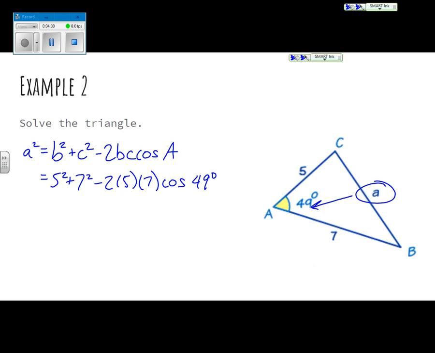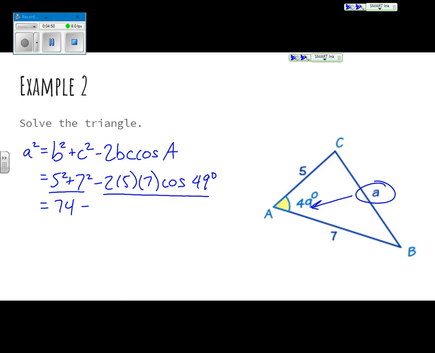Now, some of you are really good at making your calculator do this little song and dance all the way across, and you get the answer. Kudos to you. I am just not that willing to try it. All right. I know that 25 plus 49 gives me 74. So I just do little bits and chunks at a time, and then I have all of this to type in the calculator.